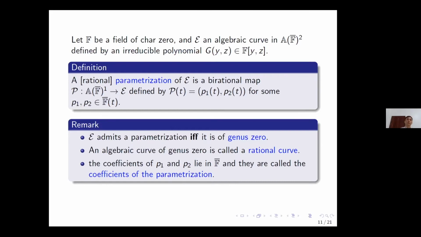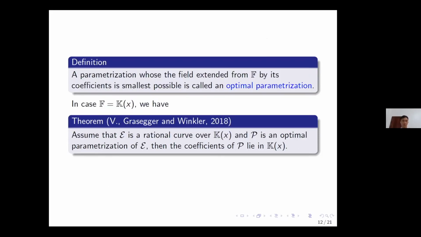And when people compute a parameterization of a rational curve, people try to compute a parameterization whose coefficients lie in a smallest field extension, as small as possible, and it leads us to a notion called optimal parameterization.